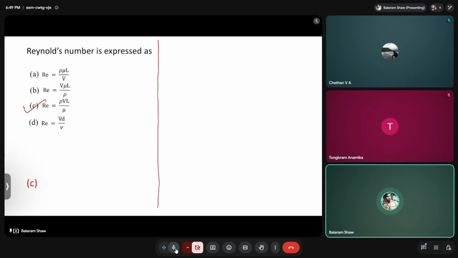So we have seen that Reynolds number is low when the flow is laminar, right? And we also discussed that Darcy's law is valid only for laminar flow, right? So let's say the speed of the fluid is very high, at the upper end of the laminar regime, let's say.